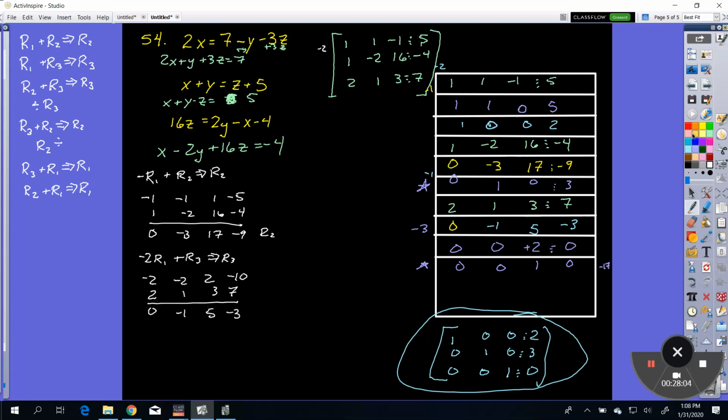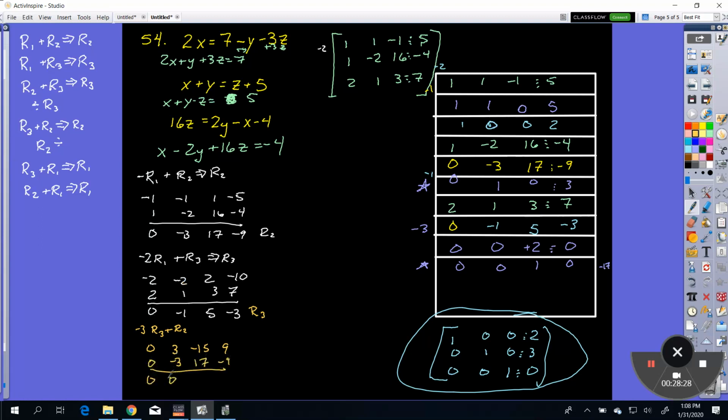So now what I'm going to do is add these two together. This is my new row 3. And I want it to be 0, 0, so I need to multiply row 3 all by negative 3. So negative 3 times row 3 plus row 2. So that makes 0, 3, negative 15, positive 9. Add that to here, 0, negative 3, 17, negative 9.